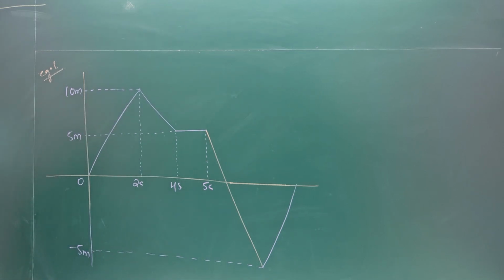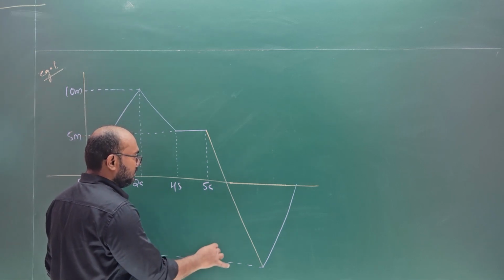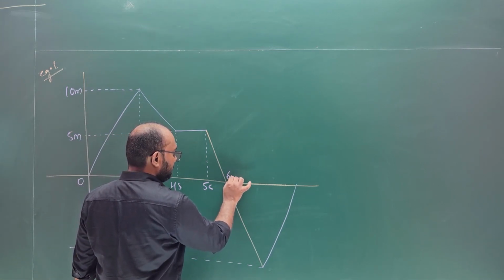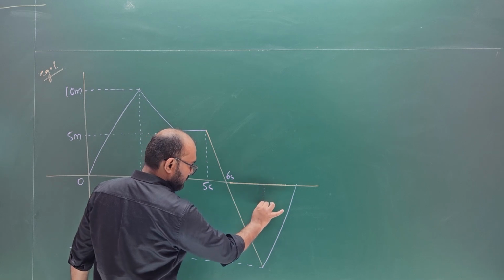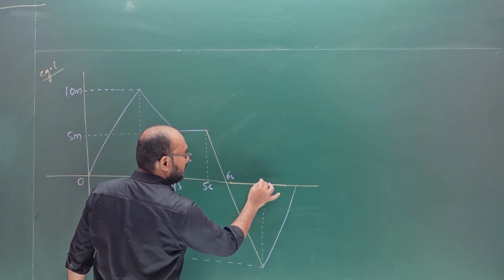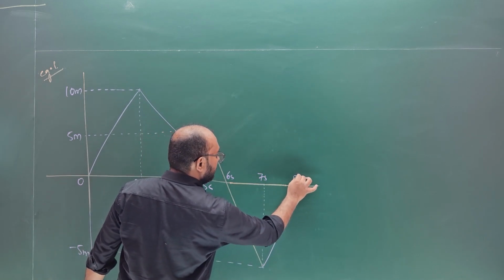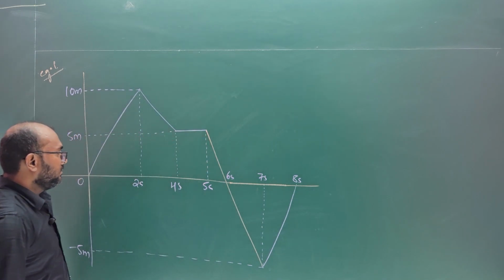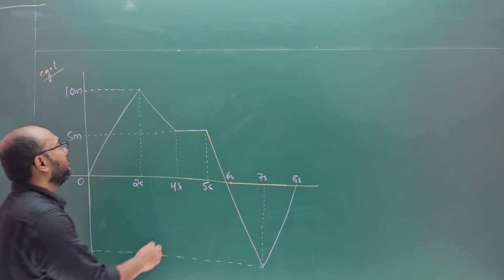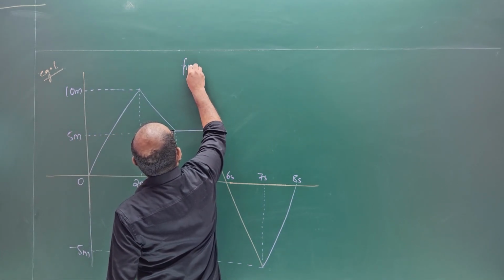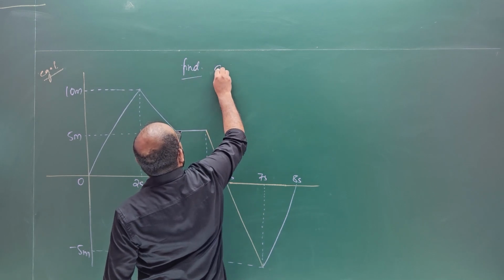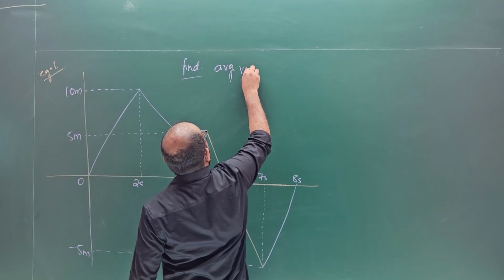Then 6, then 8. Make this 7. Okay, consider this is your 6 seconds. Consider here is your 7 seconds and over here 8 seconds. The question is: find the average velocity.